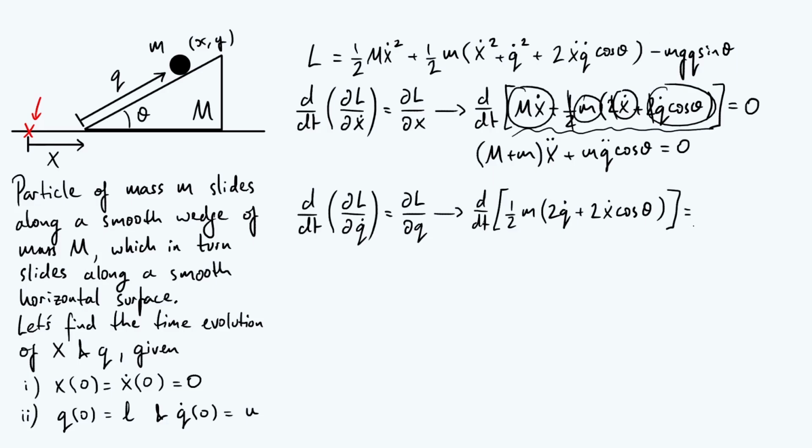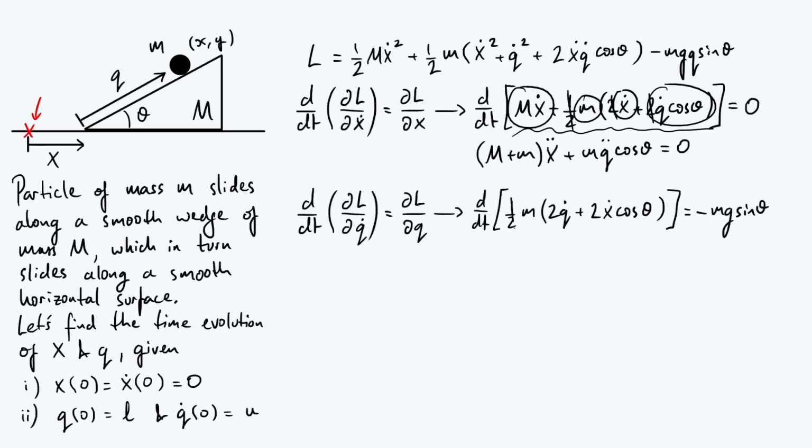The right-hand side in this equation is not going to be 0, because dL by dq isn't 0, because there is this explicit q dependence in the Lagrangian. That term, the potential energy bit, is just linear in q, and so we differentiate with respect to q, and you get minus mg sin theta.